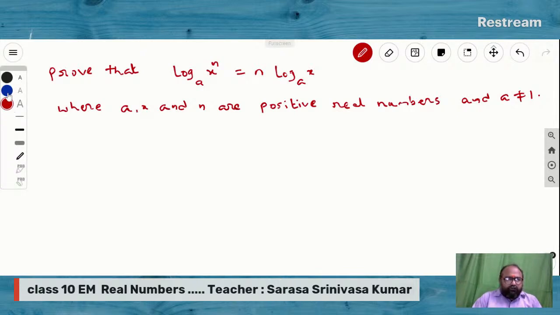So here we have to show that log x power n to the base a equals n log x base a.